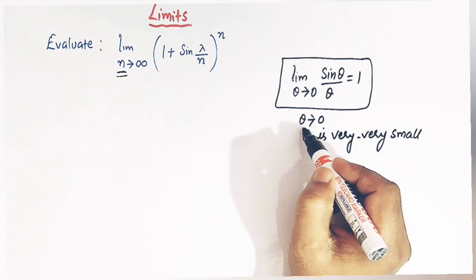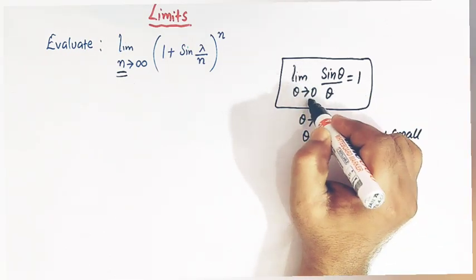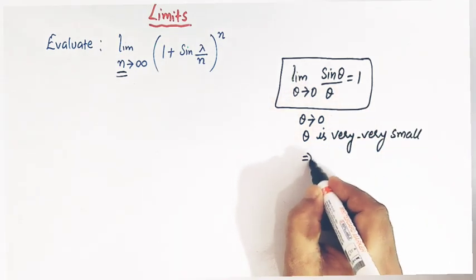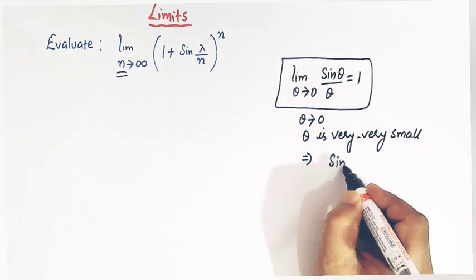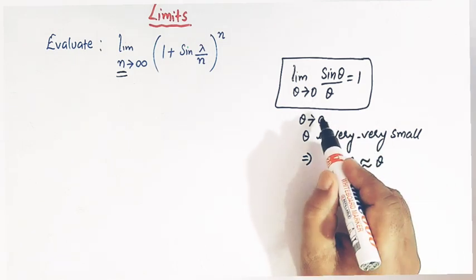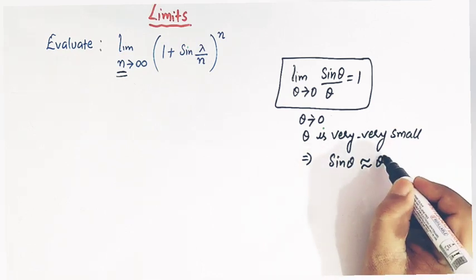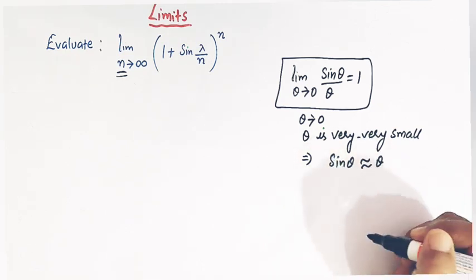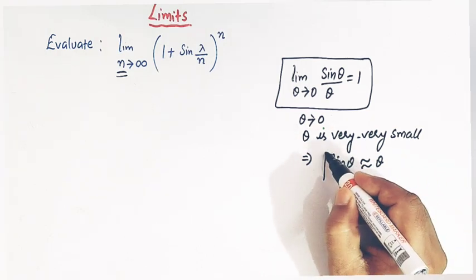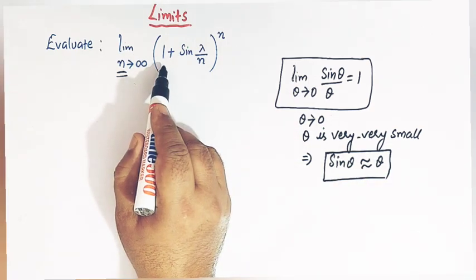So when theta is very small, the limit of sine theta over theta is 1. This implies that sine theta is almost equal to theta for small values of theta. And remember, here theta is measured in radians.